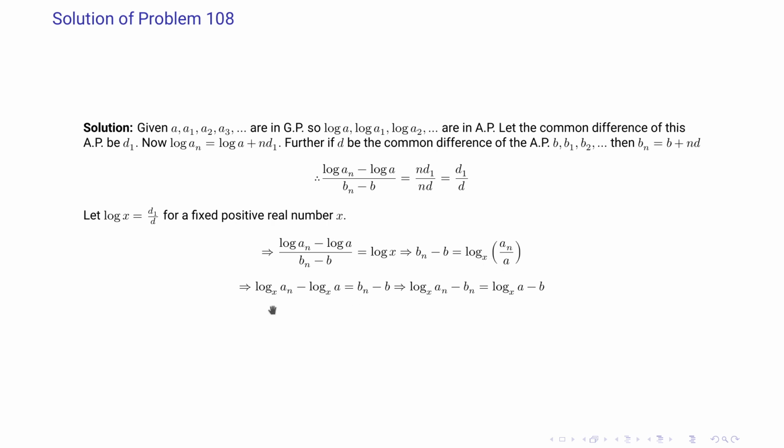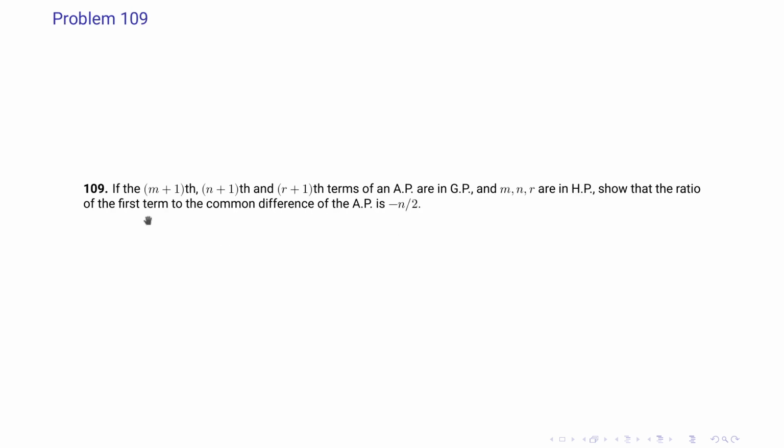Once we have this, we can write this as log of an with base x minus log of a with base x is equal to bn minus b. That is, log of an with base x minus bn is equal to log of a with base x minus b.